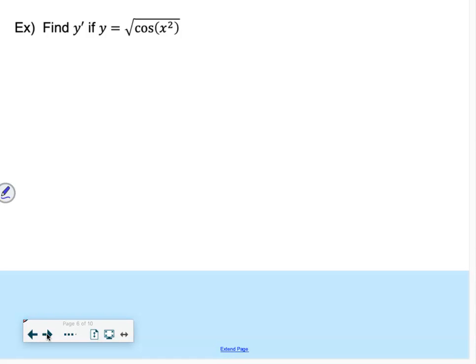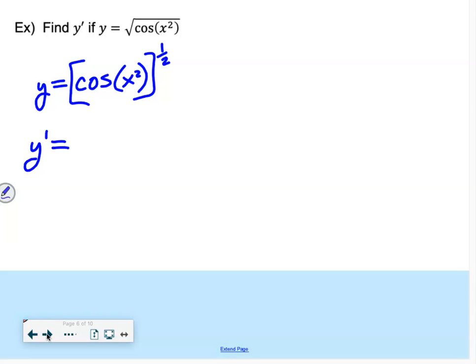So I'm going to rewrite my y as the cosine of x squared, all raised to the 1/2 power. Remember, when you're doing chain rule, you work outside in, always outside in. So our y prime would be, we work the outside derivative, which is, think of it as just guts to the 1/2. So 1/2 times guts, never change your guts, to the negative 1/2.